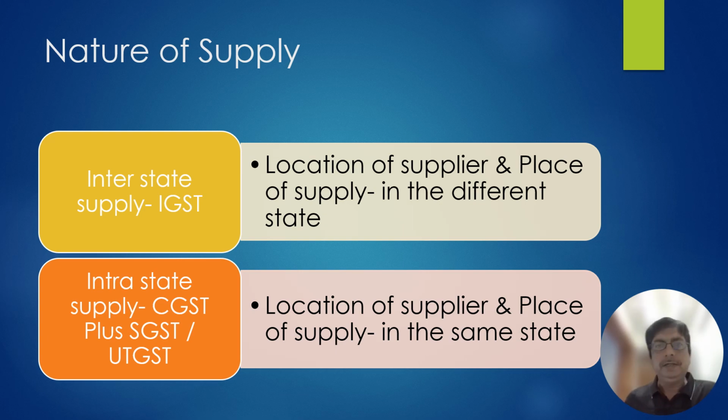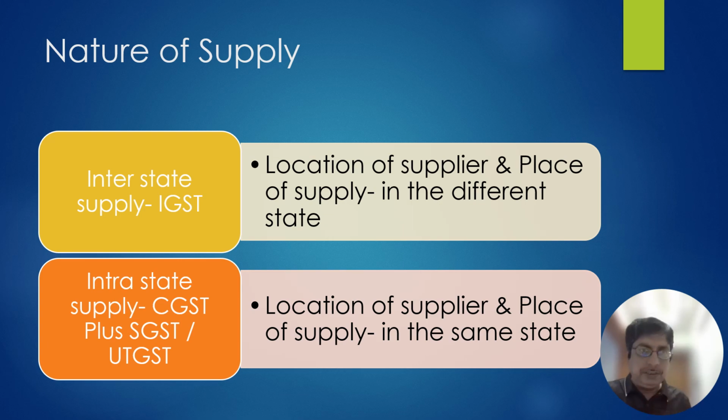The test is that if the location of the supplier and the place of supply are in different states, then IGST is leviable. And if the location of supplier and the place of supply are in the same state, then CGST plus SGST is leviable. Nature of supply is intrastate supply.